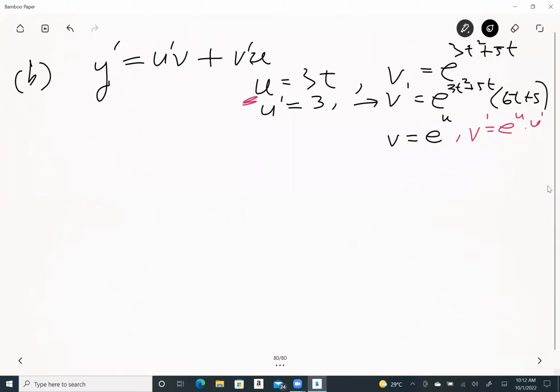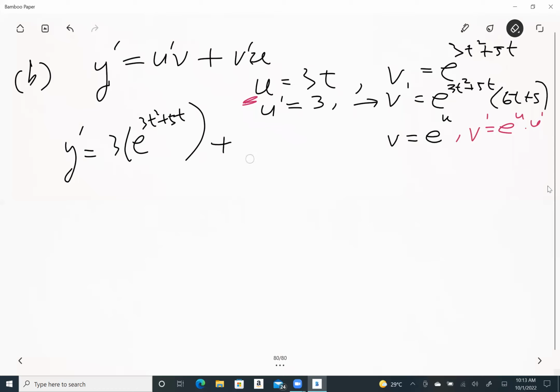So you put in everything. What will that be equal to? y prime is u prime, 3, multiplied by v, that means e to the power of 3t squared plus 5t, and then you add v prime, which is 6t plus 5 multiplied by e to the power of 3t squared plus 5t, multiplied by u, which is 3t.